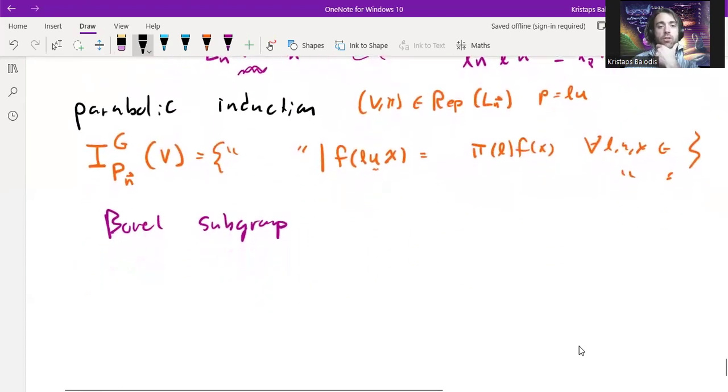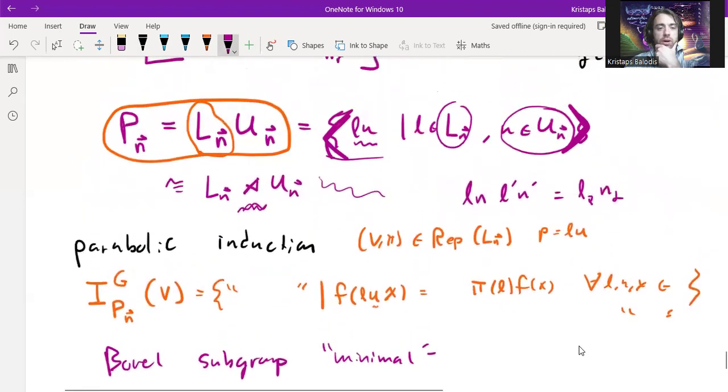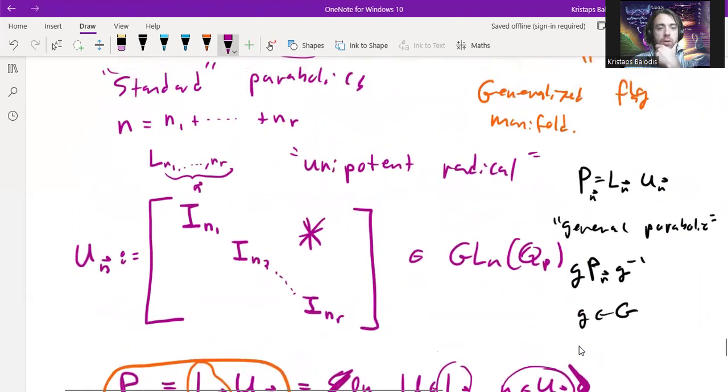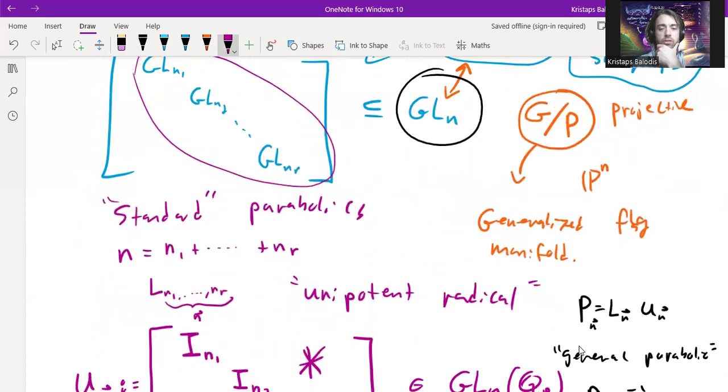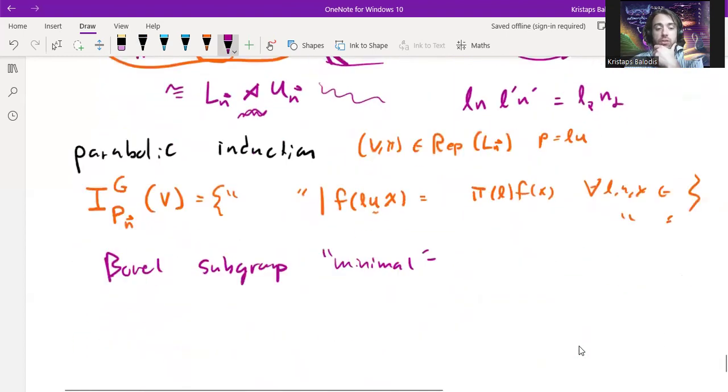And our Borel subgroup is an example of a minimal parabolic. Minimal in what sense? Well, a number of compatible senses. But again, remember we have this bijection between our standards and partitions of n. So let's take the smallest partition of n, and that's when all of these n_i are 1.